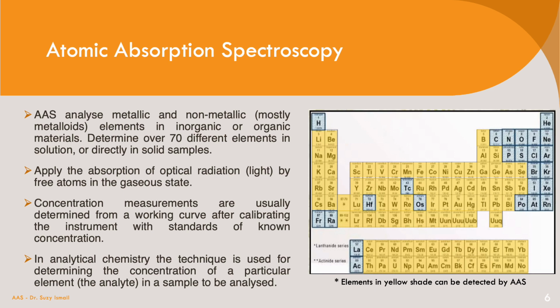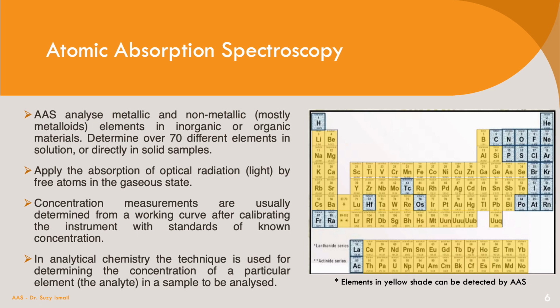So those who have done their labs on calibration for UV-Vis, a similar calibration process can be done with the AAS, where the concentration of the calibration solutions is based on our target element. If you are targeting plumbum, you will be preparing the standard solutions for plumbum. If it is for aluminium, you are preparing the standard solutions for aluminium.